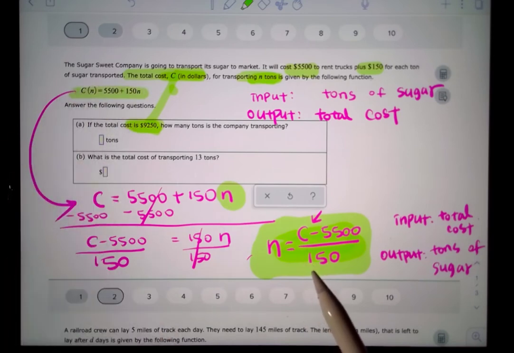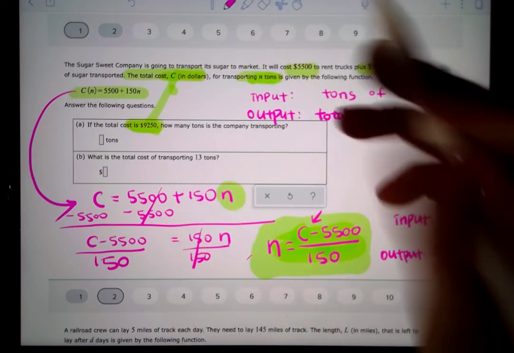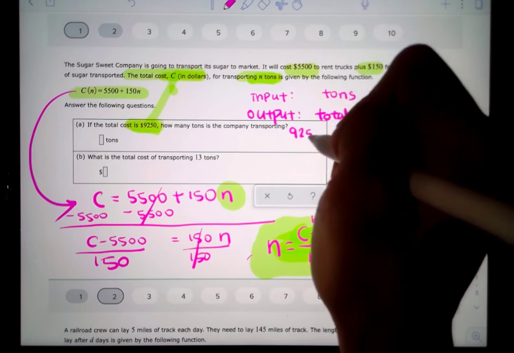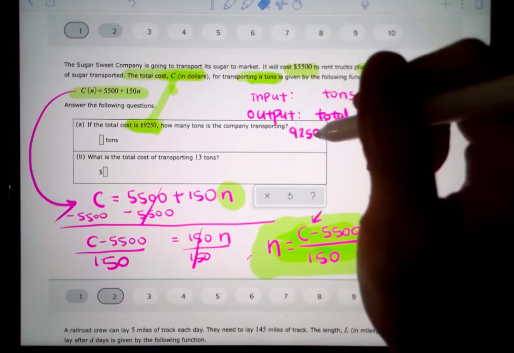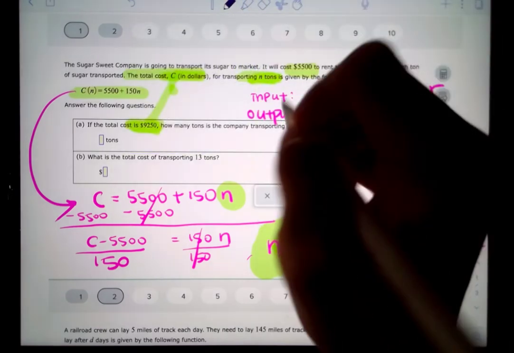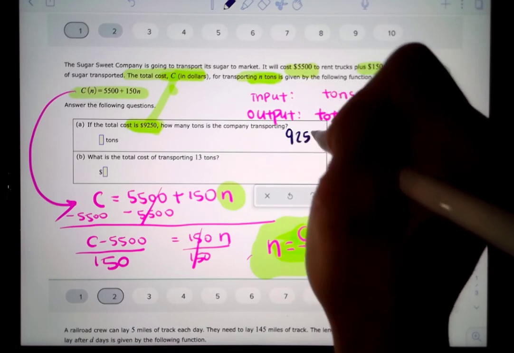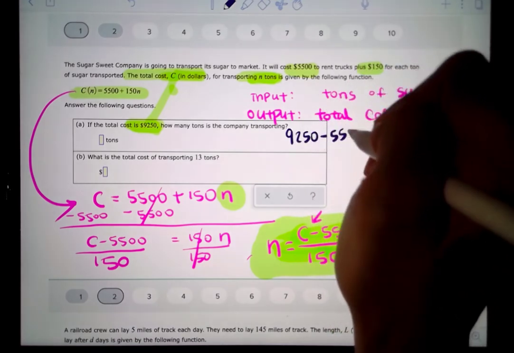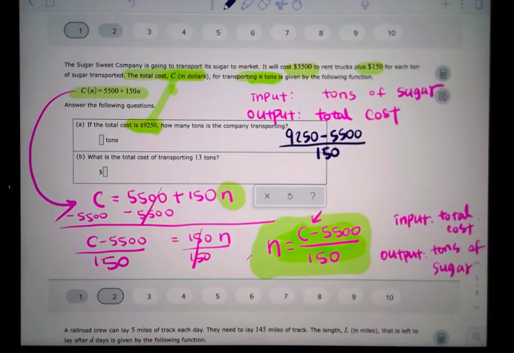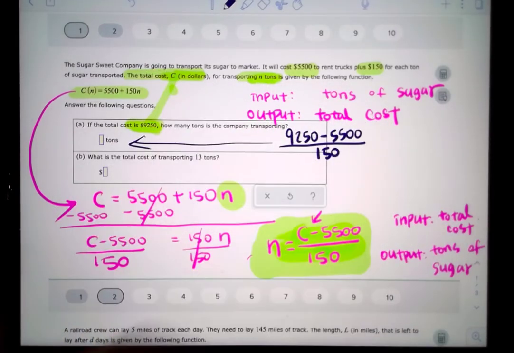C is the input here, so I want you to use your inverse function. We can set it up like this: $9,250 minus 5500 over 150. Okay, so you just calculate this number, then you will get the answer for this.